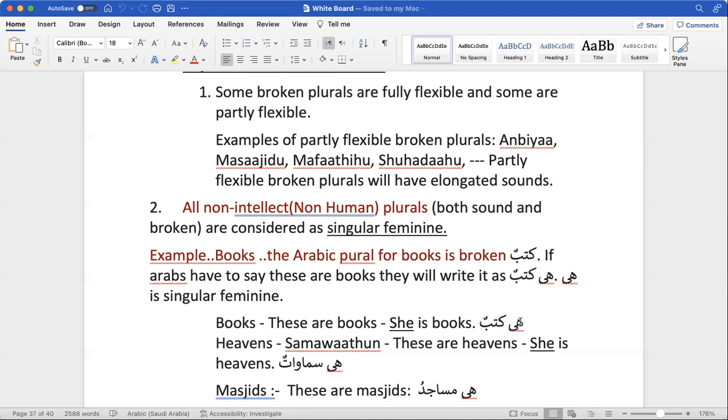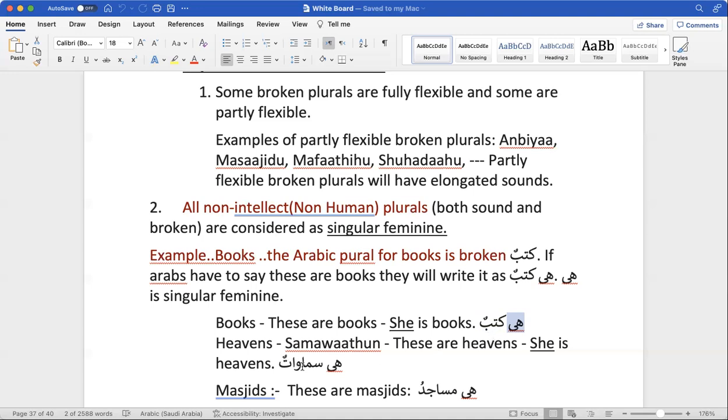For us, when you translate, you cannot say she is a book. You have to understand that as kutubun is a non-human broken plural, it is always considered singular feminine, so hiya kutubun means these are books.